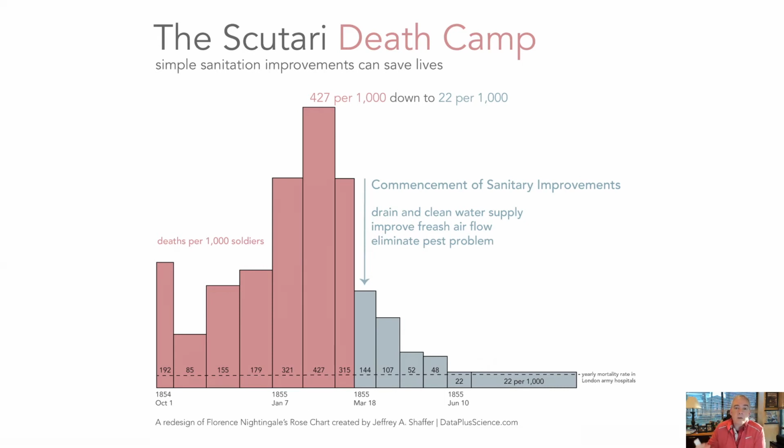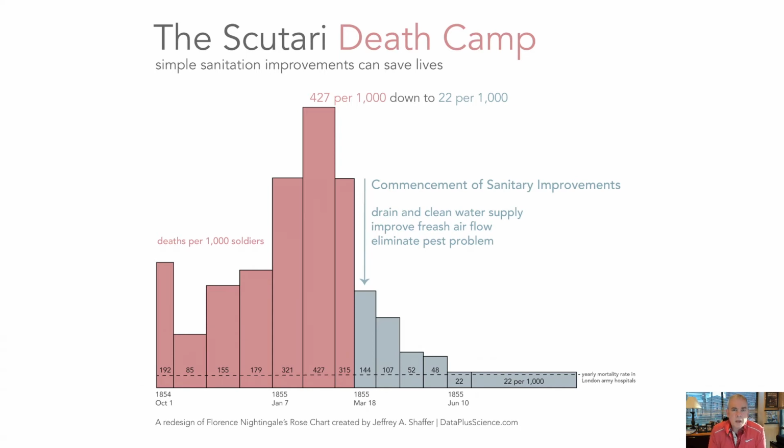And then after the commencement of the sanitary improvements, draining the water supply, improving the fresh airflow, and eliminating the pest problem, the death rate dropped. The sanitary conditions were what improved the death rate, that brought it down by the end to the same death rate as a London area army hospital would have, versus a hospital like the Scutari barracks.